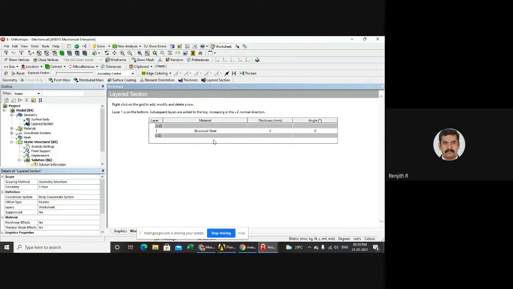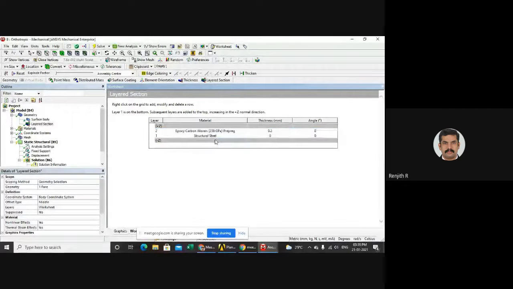If you right click, you can add layers, and you can add different materials here. You can add carbon fiber or epoxy, whatever the material is, and specify the thickness, for example 0.2 mm, and you can add multiple layers below that.